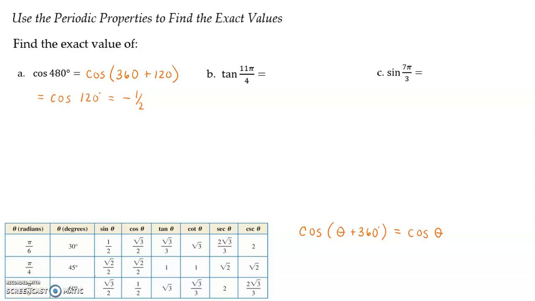Let's go ahead and look at part C next, since that one has a sine function, and sine also has a period of 2 pi. So let's go ahead and rewrite our problem here as sine of 6 pi over 3 plus pi over 3.